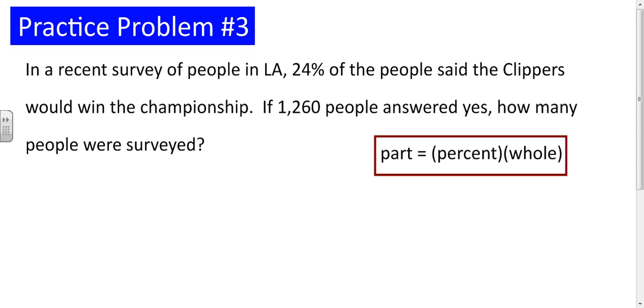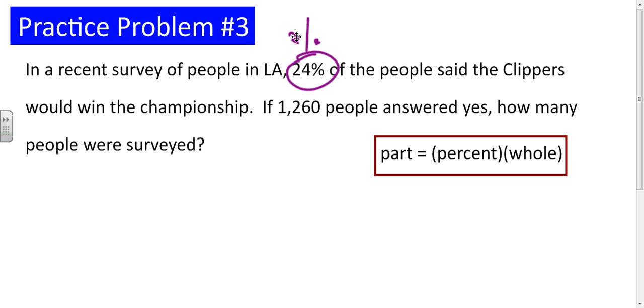And last one here. In a recent survey of people in LA, 24% of the people said the Clippers would win the championship. If 1,260 people answered yes, how many people were surveyed? So I want to identify the part and the percent and the whole. Easiest to pick out here is the percent. So 24% is my percent.